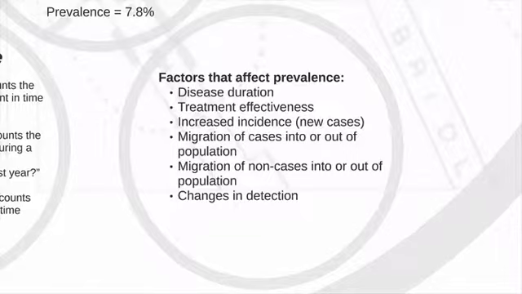And then finally, changes in detection, right? So I think at a cursory thought, we think that the definitions or diagnostic criteria for disease are fairly stable, and they're actually not. My favorite and the most salient example of this is autism, right? In the past 20 years, we've had an incredible increase in our understanding and awareness of autism. Our definitions have changed. Our doctors and clinicians are more on the lookout for it.